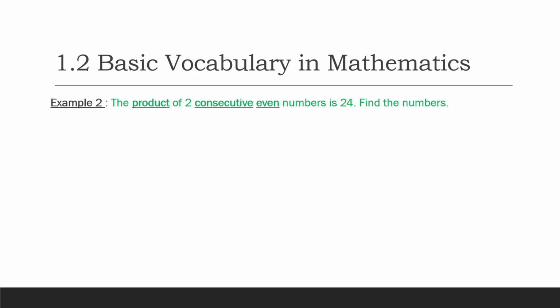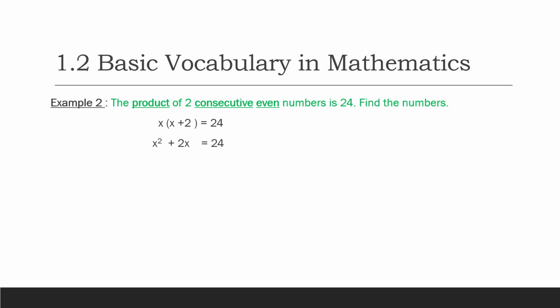The same method can be applied where you're given a problem to say the product of 2 consecutive even numbers is 24. What you need to know here is what a product is and what an even number is. If your first term is x, then the second term would be the first term added to 2, to give the following even number, so that when you multiply the 2, they give you 24.